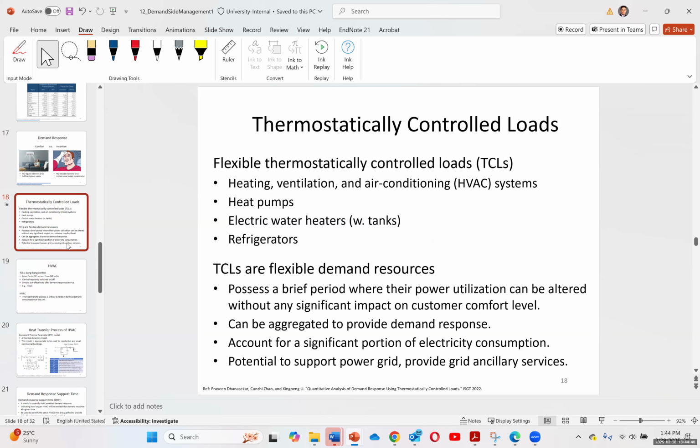So the other thing we have is the thermostatically controlled loads, or what we call flexible thermostatically controlled loads, or TCLs. As mentioned, a big portion of power consumption goes to heating, cooling, ventilation of homes. So heating, ventilation, and air conditioning systems, heat pumps, electric water heaters, and refrigerators can be controlled in these systems. Again, because these account for a big portion, sometimes 70 to 80% of the power consumption of a household.